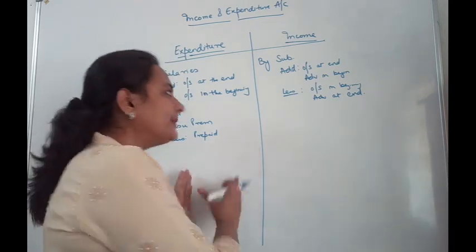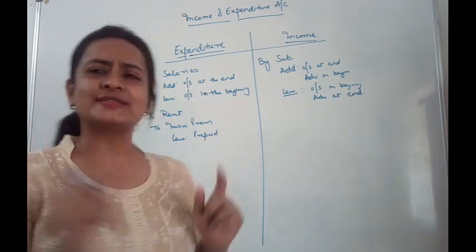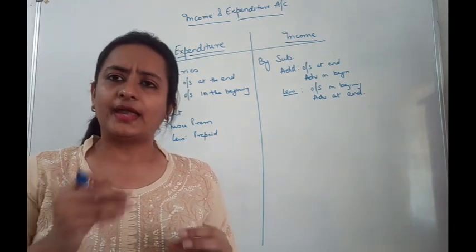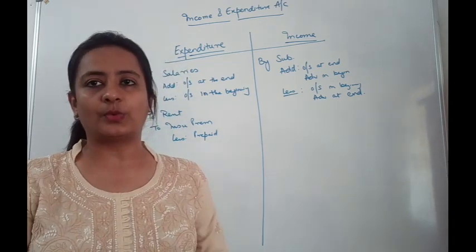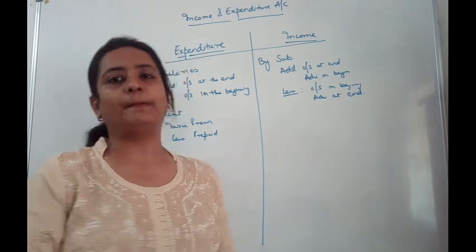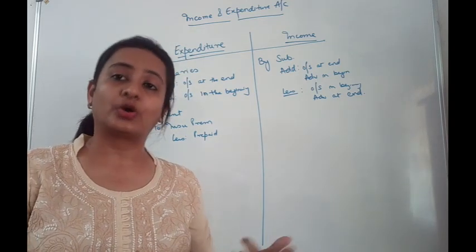However, in income and expenditure account, we will always maintain everything for this current accounting period. Any payment, any receipt which does not relate to this accounting year should not be a part of income and expenditure account because it's prepared according to accrual basis.